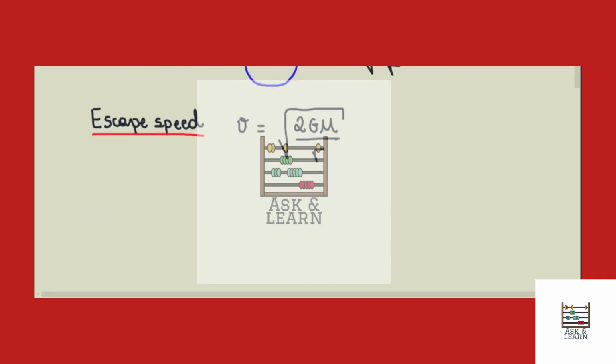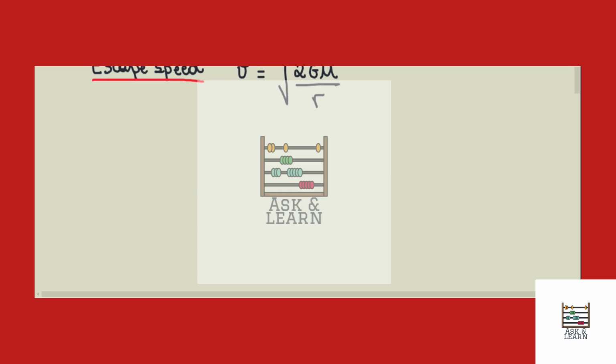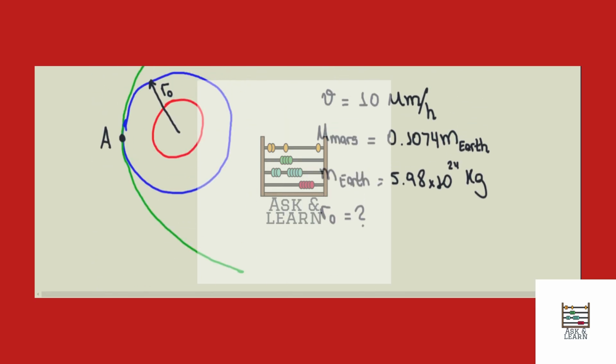So basically what we need is to realize that at the point shown here in the figure, notice that the green trajectory is the trajectory of the explorer, and at point A, the explorer reaches its closest point to Mars.